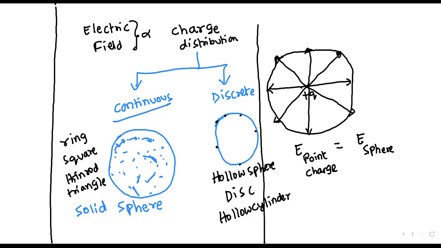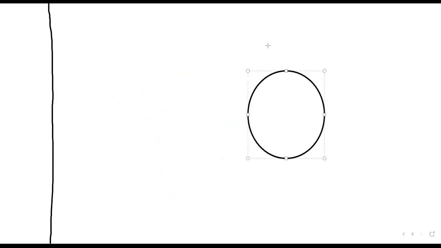Now here we are having the electric field due to the continuous distribution. Say for example, let us consider I am having a ring such that it is charged.